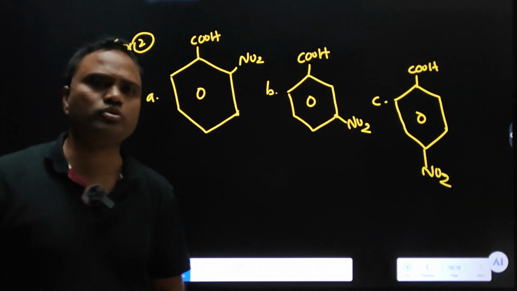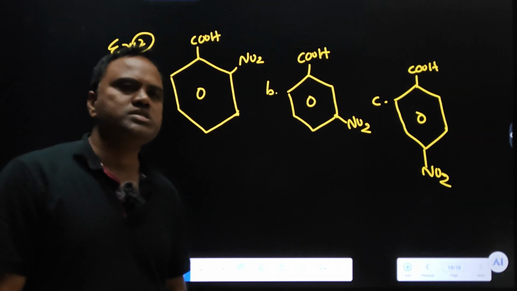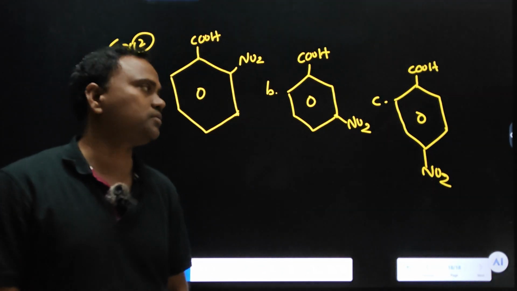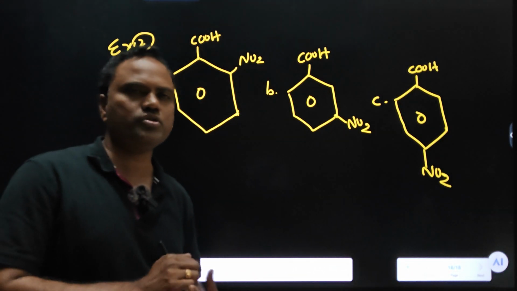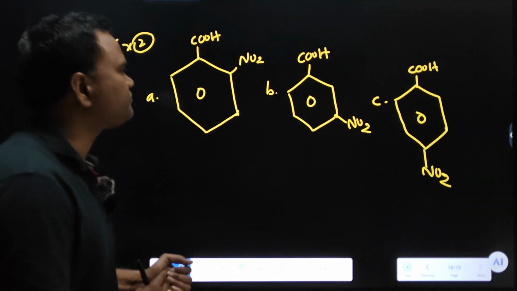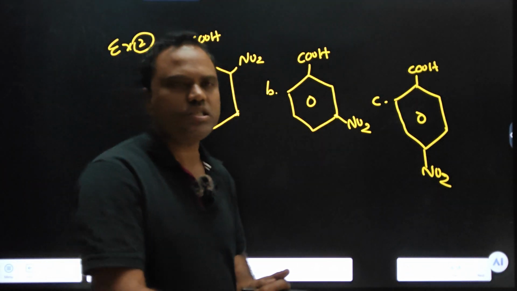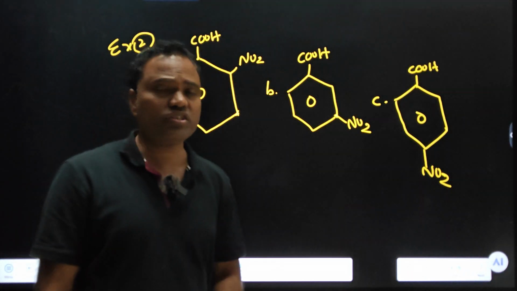First one is ortho substituted benzoic acid, na? So what is the definition of ortho effect? Ortho substituted benzoic acid is more acidic than the remaining isomers. So this is more acidic. Clear? Orthonitrobenzoic acid is more acidic. So A is more acidic. Now the problem is with these two only. First write the effects. NO2 is which group?